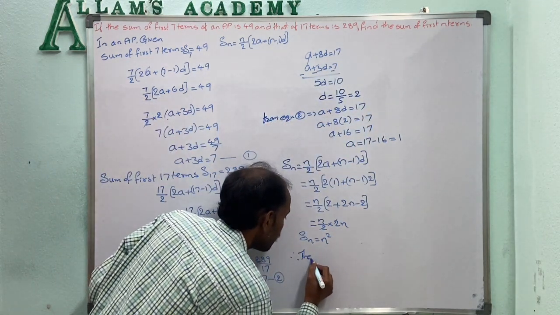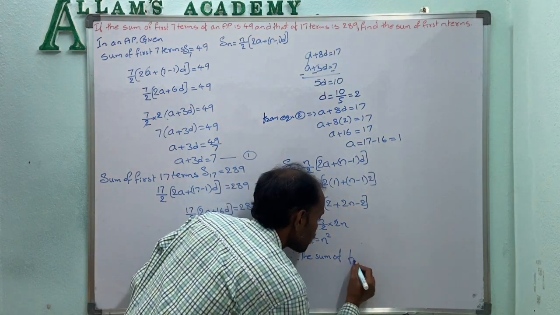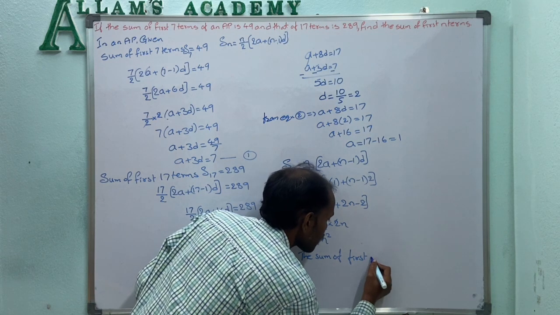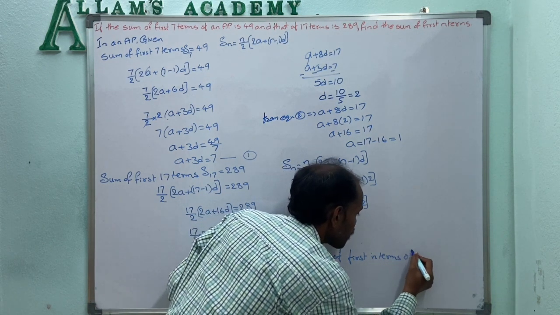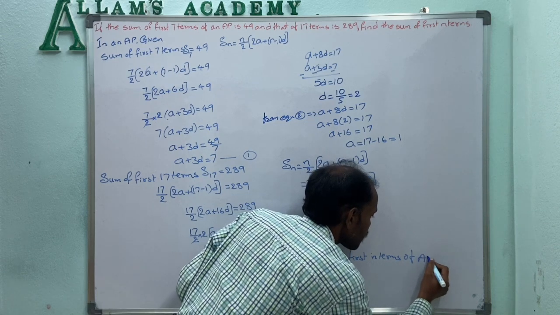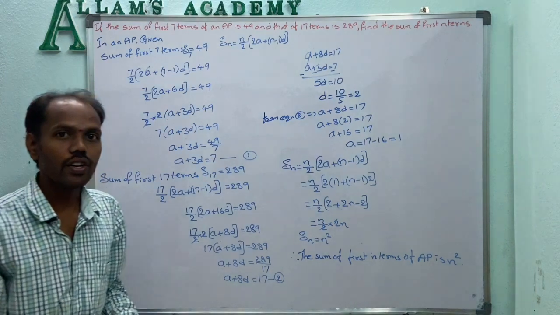Therefore the sum of first n terms of that AP is n square. Okay.